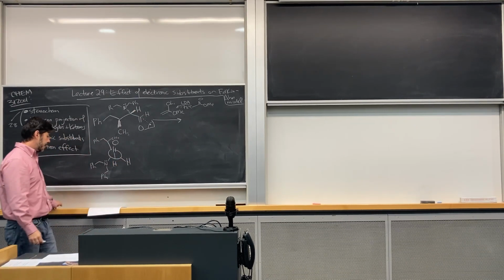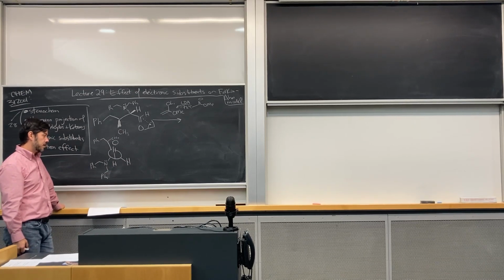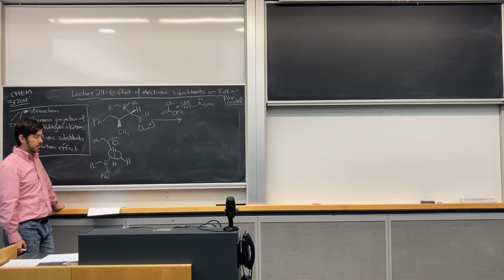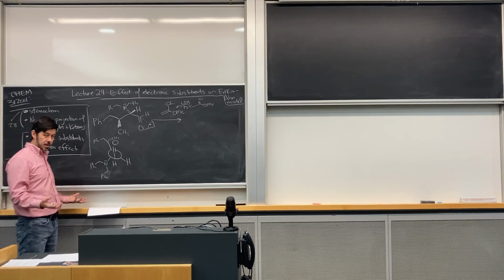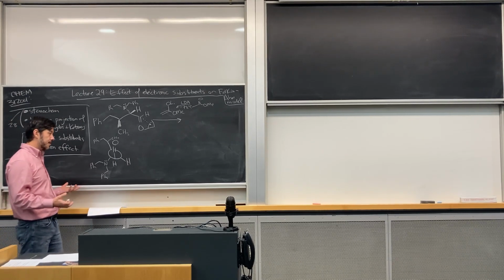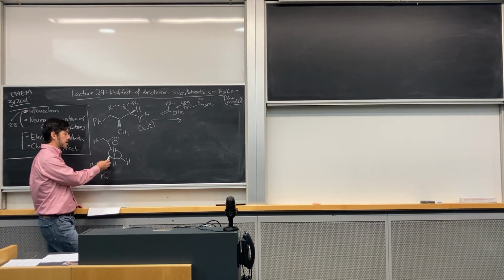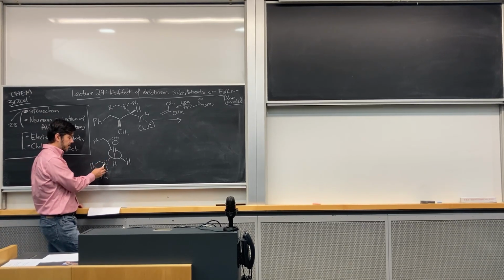Okay. So based on what we've learned, which one is the bigger group? It's not necessarily the overall size, but the largest group that is actually closest to the carbonyl. So if you go here you have a nitrogen with CH2, CH2.